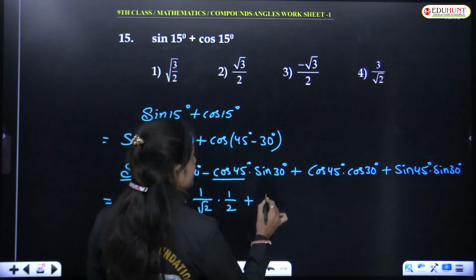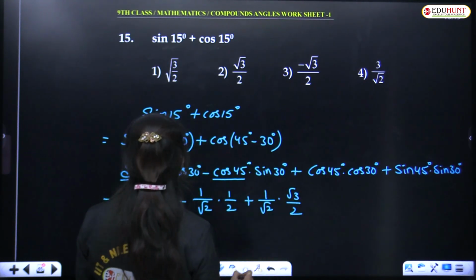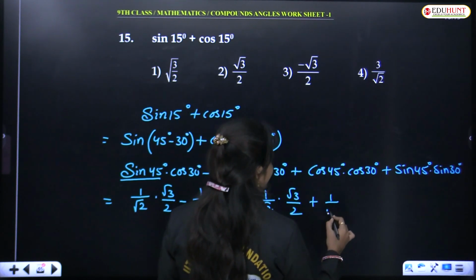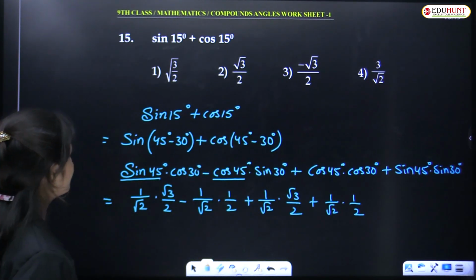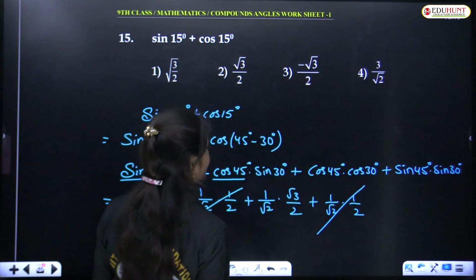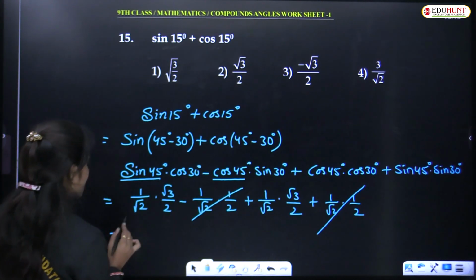Plus cos 45 is 1 by root 2, cos 30 is root 3 by 2, plus sin 45 degrees 1 by root 2 into 1 by 2. Is there any cancellation possible? Yes, 1 by root 2 into 1 by 2 and 1 by root 2 into 1 by 2, those two get cancelled, and these two have positive signs.